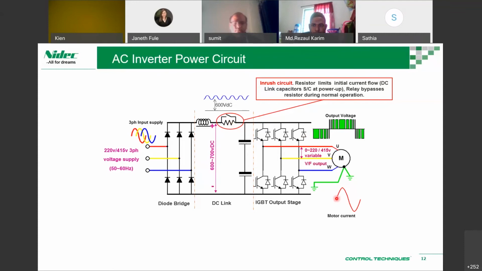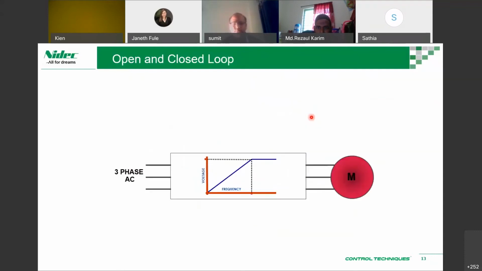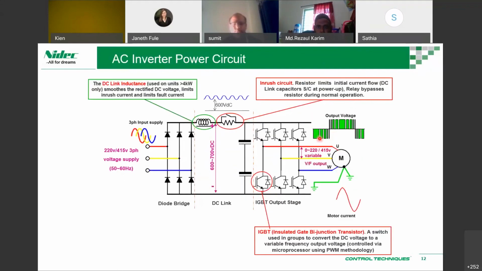Okay, so you can see this is the motor current that we get, but it's not the typical AC voltage that we expect. Okay, so you can see this is pulse width modulation. So this is the output of UVW.